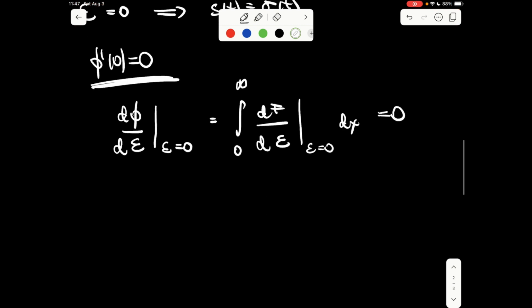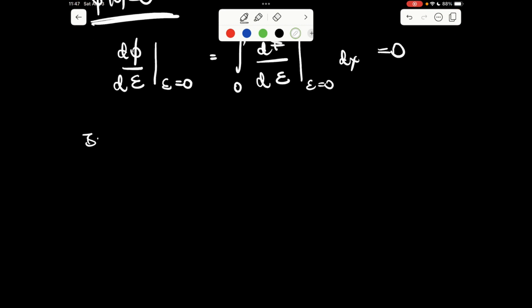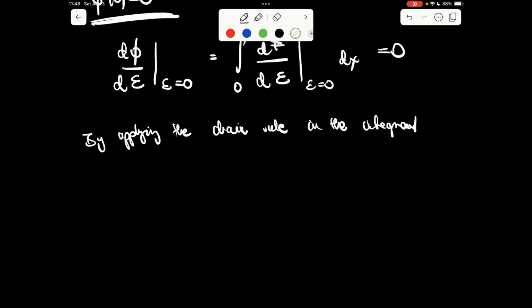Okay, by applying the chain rule in the integrand, we get phi prime epsilon, fs mu, fs dot mu dot dt, which we can decompose into two integrals.